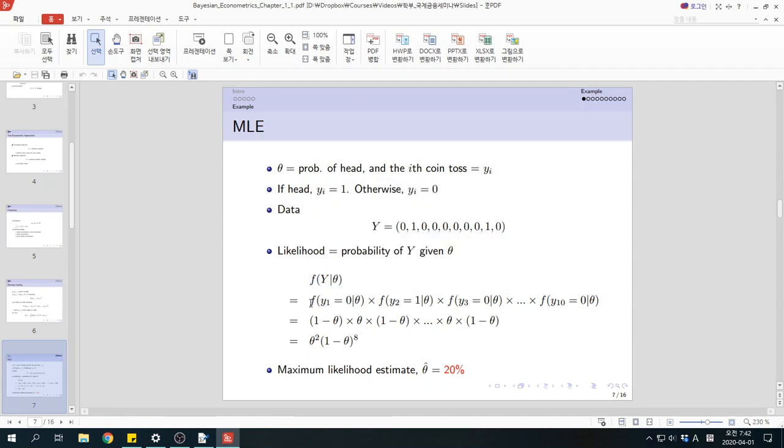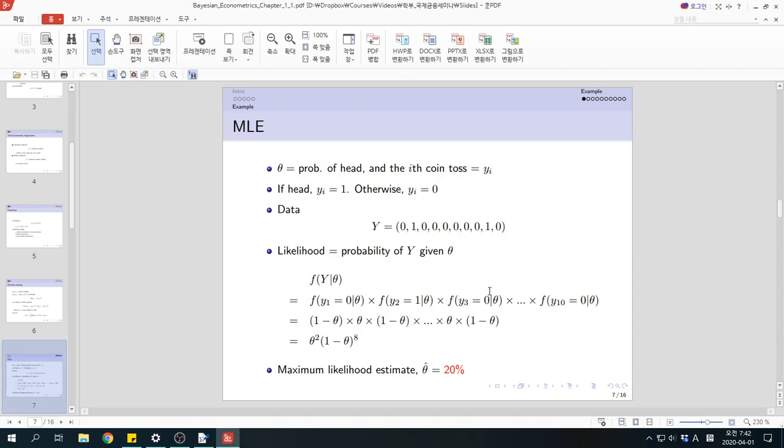The probability of 0 is 1 minus theta, and the second outcome is 1, so the probability of 1 is theta. The third outcome is 0, so it is 1 minus theta, and so forth.